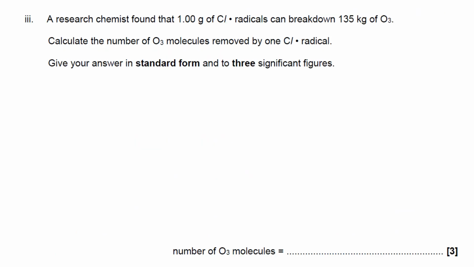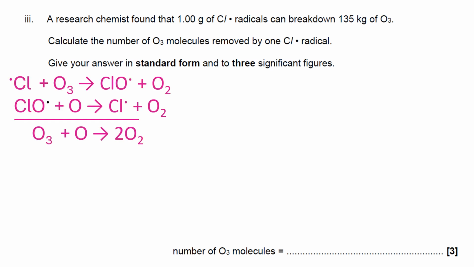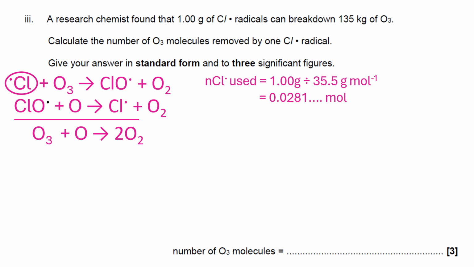Now the next part of the question is where it's demanding. I referred to this question as an A-star question earlier. This is the part that challenges the most able. So taking our equation from before and concentrating first of all on the chlorine radicals. There's 1 gram of chlorine radicals, so therefore the number of moles is going to be 1 divided by 35.5, which is the relative atomic mass of chlorine.